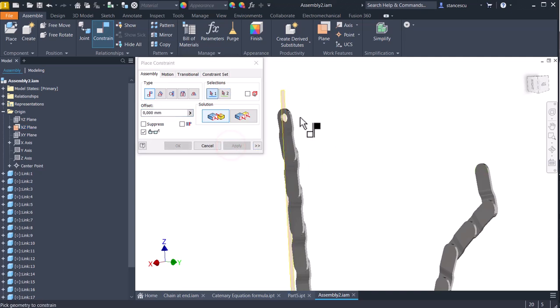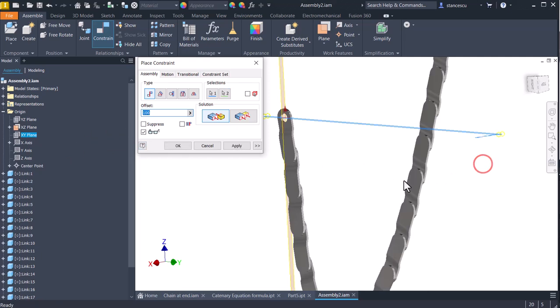Apply. The same with the other plane, but the distance is 100. This plane was selected and now I place the other but with minus.